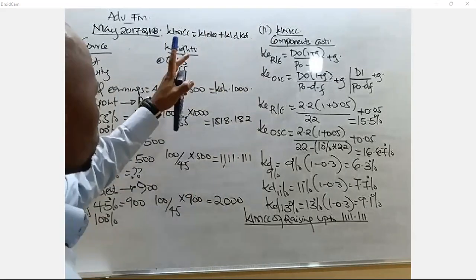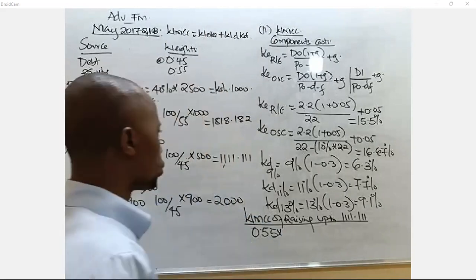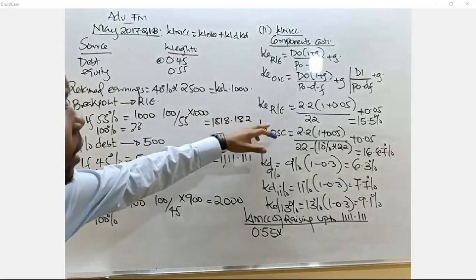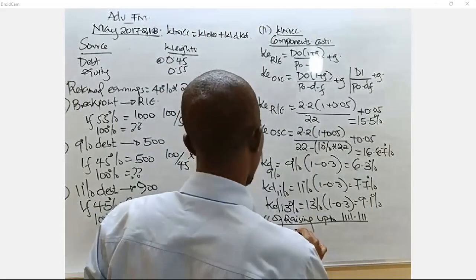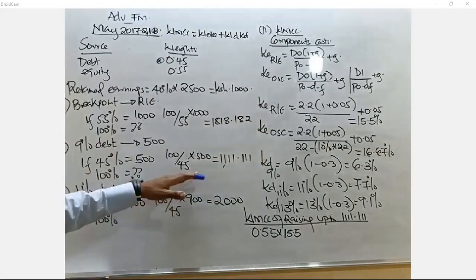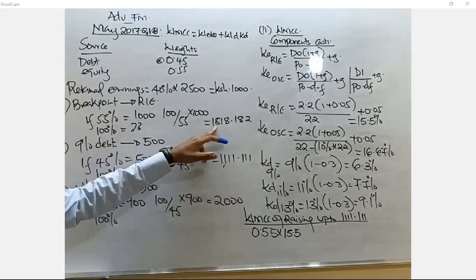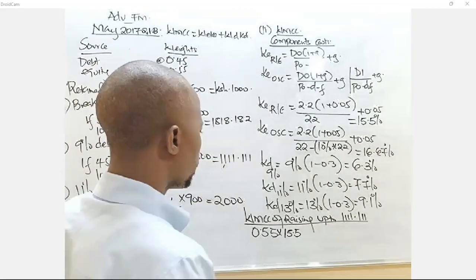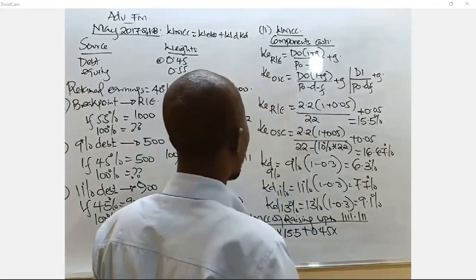So what will be the weight of equity? 0.55. We multiply by the cost of equity, which is the cheaper one, 15.5. Why are we using 15.5? Because 15.5 is giving us a higher value, more than 1.1, which is 1.8. Now, plus the weight of debt, which is 0.45, we multiply it with the cost of debt.